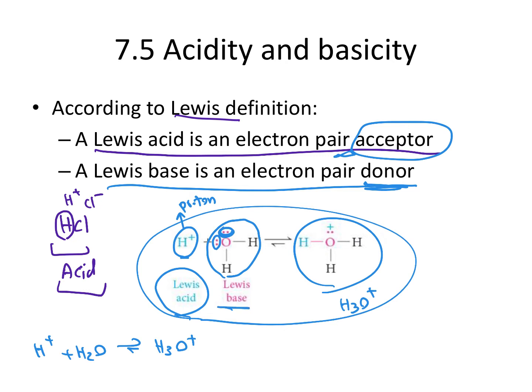So would it be an acid or a base? Remember, electron pair donor is a base, right? So for that matter, water in this example would be a base. Does that make sense? Any questions?